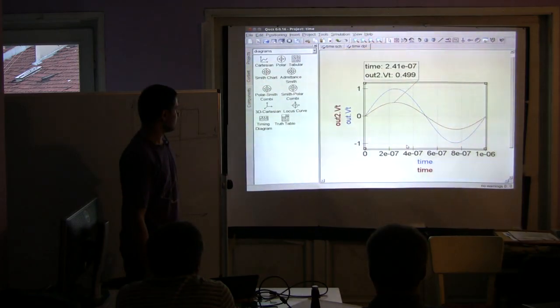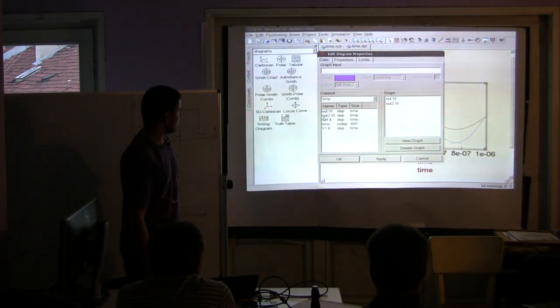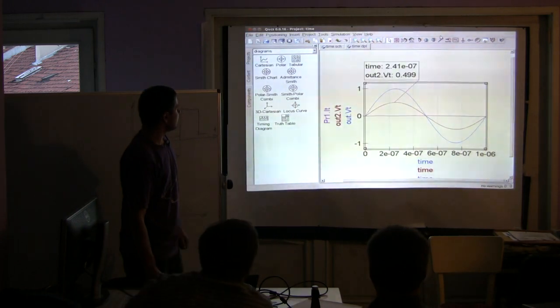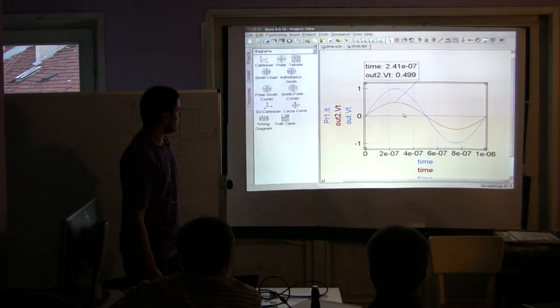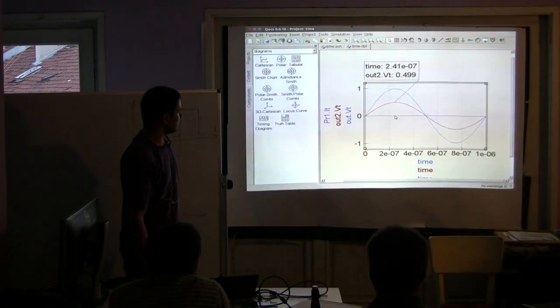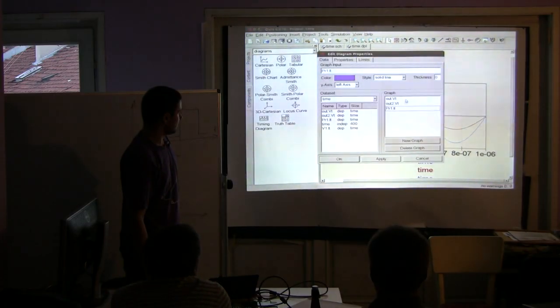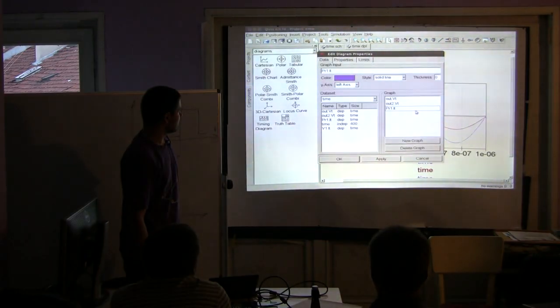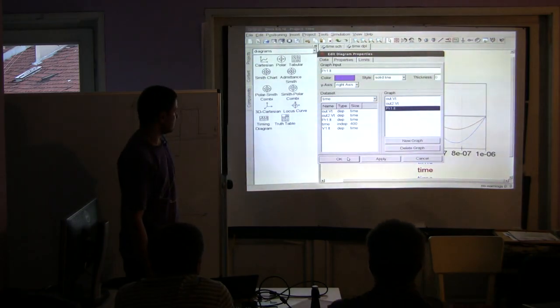So if we place the current probe here, you see that the current is also positive and negative because of the voltage. I believe we can put it on the right axis like this.